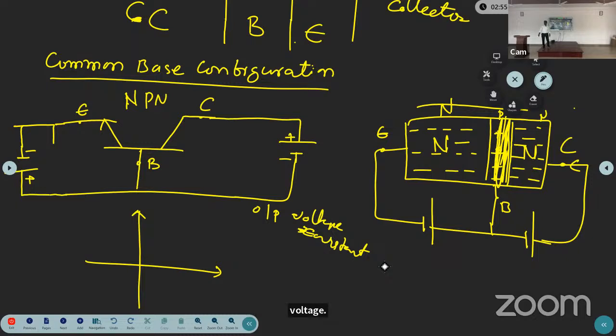What is the output voltage? Collector voltage, between collector and base. Okay. Now, to draw the input characteristics, that is the voltage versus current in the transistor.